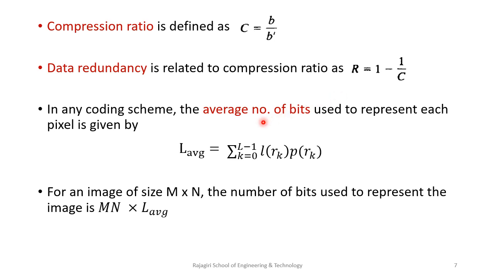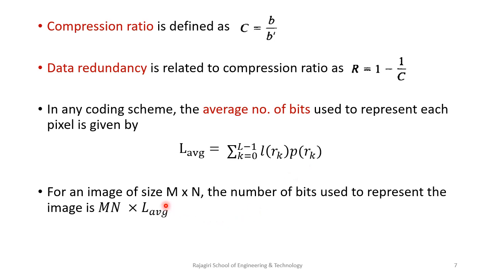Consider a digital image which has L representation levels. For any coding scheme, the average number of bits used to represent each pixel is given by L_avg = summation from k = 0 to L-1 of l(r_k) times p(r_k), where l(r_k) represents the number of bits used to represent the kth intensity level and p(r_k) represents the probability of finding the kth intensity level in an image.